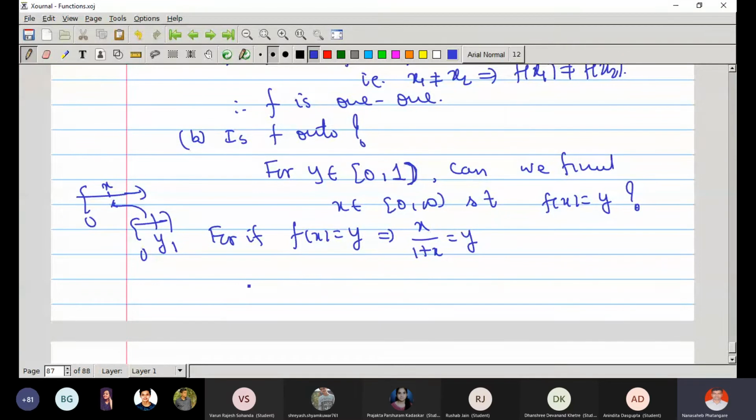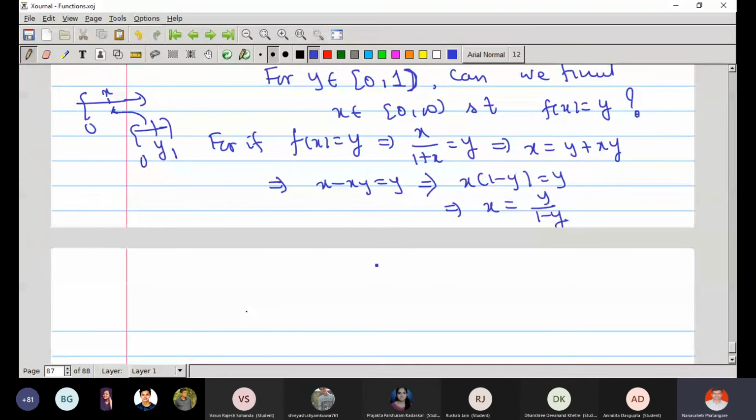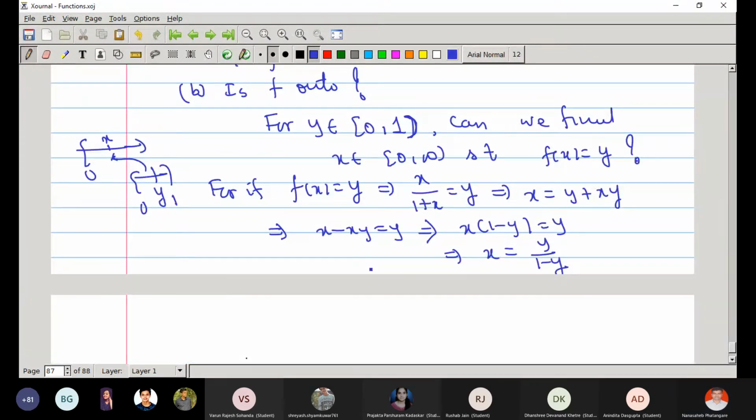So x is equal to y plus xy, and I want to solve this for x. So x minus xy is equal to y. That means x into 1 minus y is equal to y. That means x is equal to y upon 1 minus y. So this is the pre-image of y, which is x.